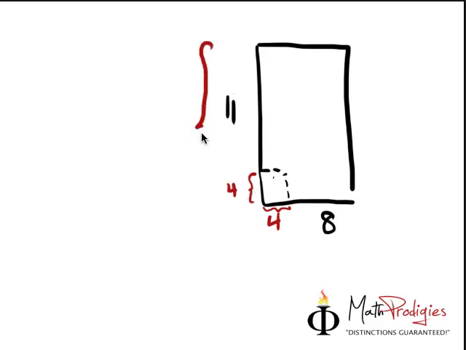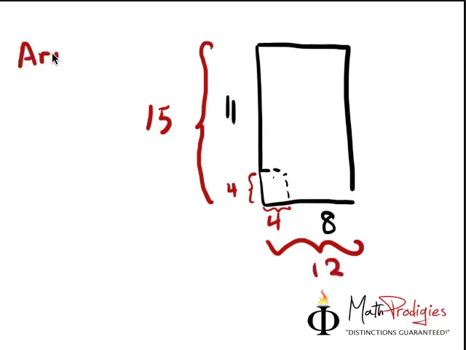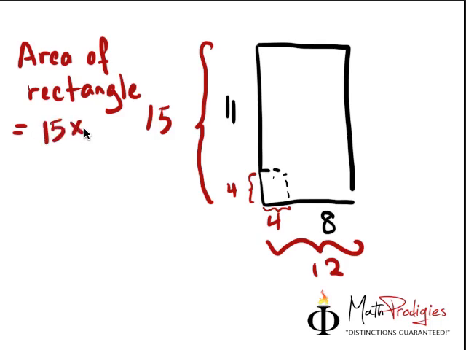So what is the length of this rectangle? 11 plus 4 gives you 15, and 4 plus 8 gives you 12. So what is the area of the rectangle? We're doing this because we want to find the area of the figure, and the figure is made up of a rectangle and a triangle. It is 15 times 12.